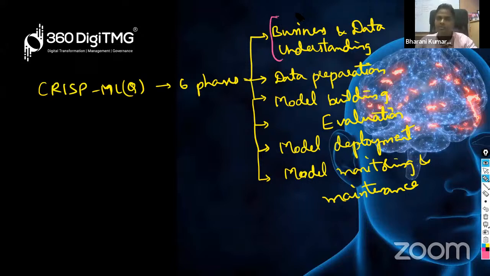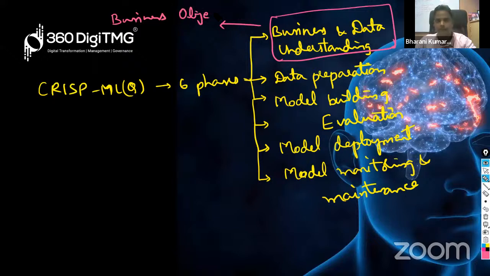When it comes to business and data understanding, you need to understand business objectives and business constraints.